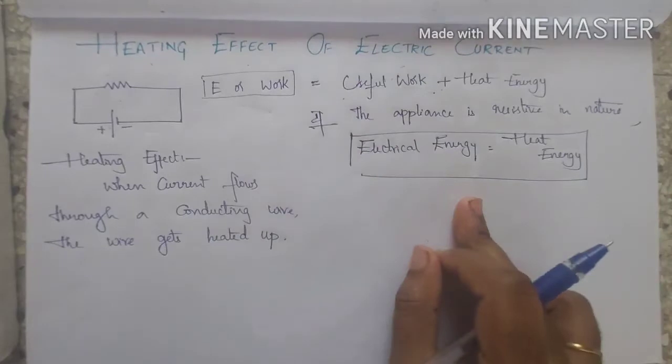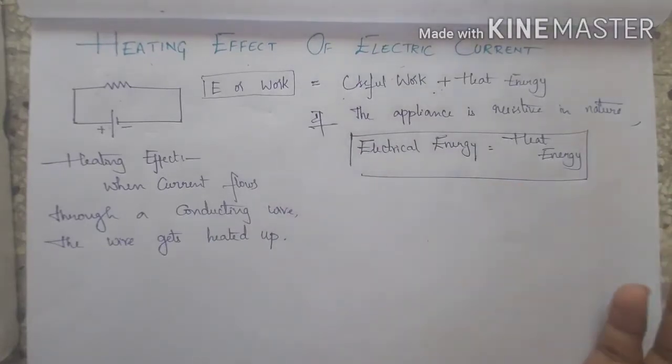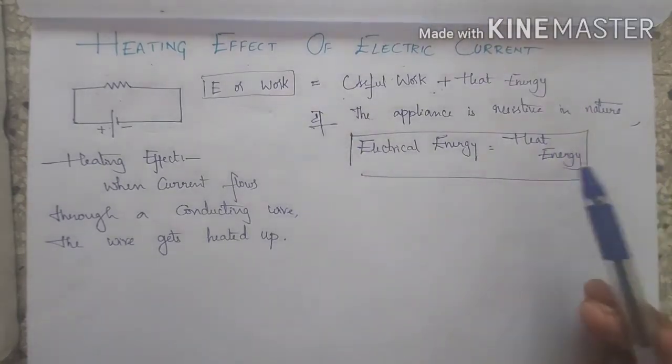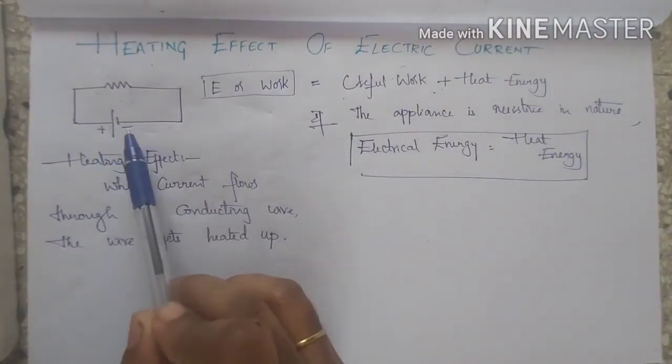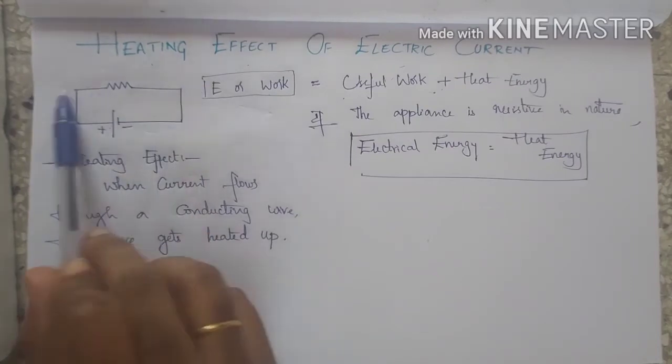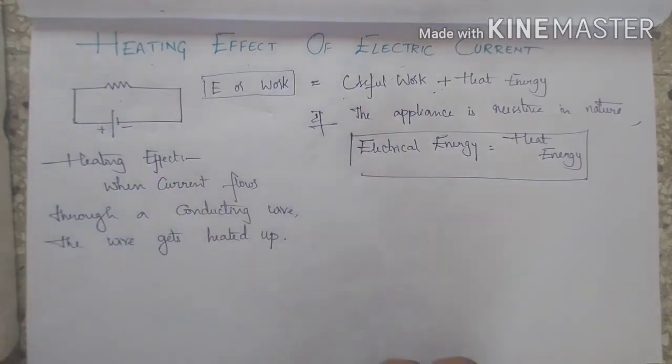This is applicable for all heating appliances like electric cooker, hair straightener, incandescent electric bulb. All those things work on the basis that the electrical energy produced by the source of energy is completely converted into heat energy or thermal energy.